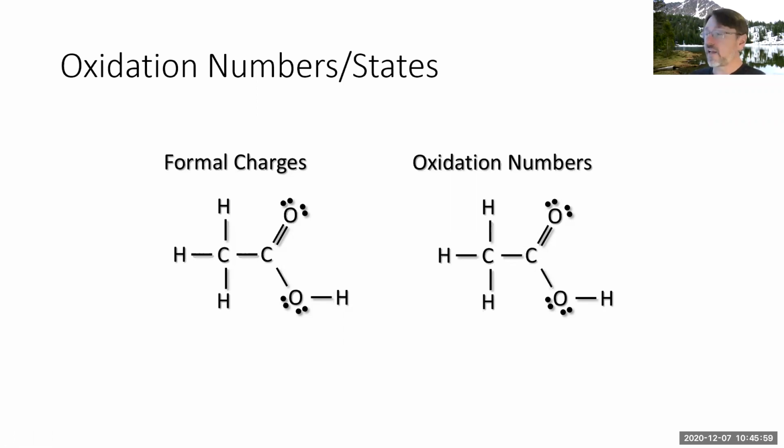And on the right-hand side, what you are doing is assigning all of the electrons in the bonds to the more electronegative atom. In a case like the carbon-carbon bond, because those two carbons are the same, you split the electrons equally in that case. So I'm going to give you a moment to try to practice calculating the formal charges and the oxidation numbers, and then I will display the answers to this.